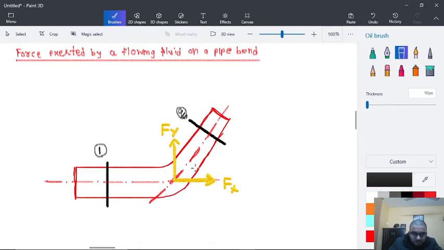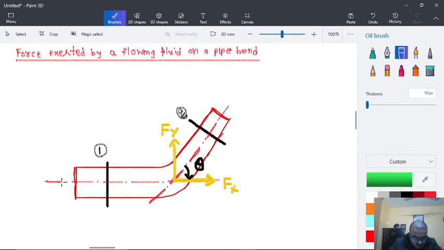The angle in between is theta. First we will write down the velocities.